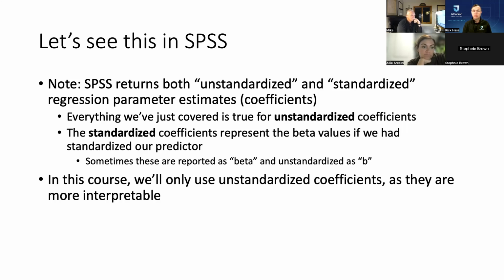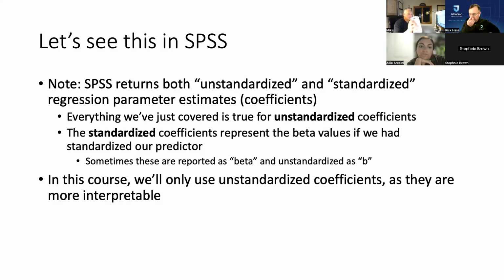So how many units of the outcome variable change when we change the predictor by 1 unit. In some situations, it's helpful to standardize coefficient estimates so that they represent effect sizes. We're not going to do that in this course. But SPSS will give you standardized regression coefficients sometimes. So you can just ignore those. We're going to use the unstandardized coefficients.